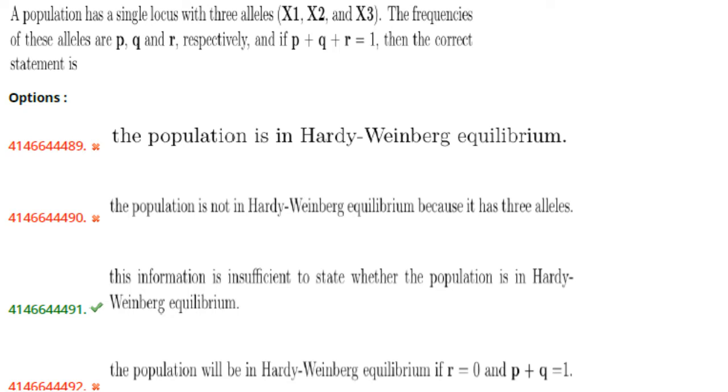The population must meet 5 rules to be considered under Hardy-Weinberg equilibrium: no gene mutation, no migration, random mating, no genetic drift, and no natural selection. But these conditions are not mentioned in the question. So the information is insufficient to state whether the population is in Hardy-Weinberg equilibrium. So your answer will be option 3.